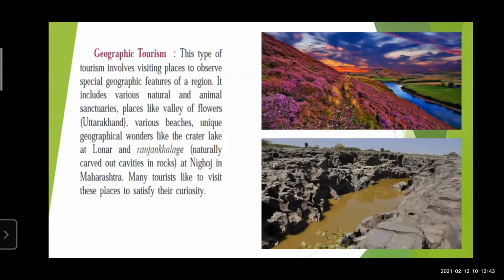You can see in the picture here, they are naturally carved cavities in rocks at Nikhoj in Maharashtra. Geographical tourism is basically when people want to see the natural beauty or geographic features of a particular region. Many tourists like to visit these places to satisfy their curiosity.